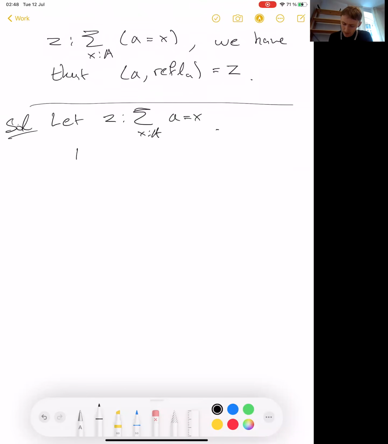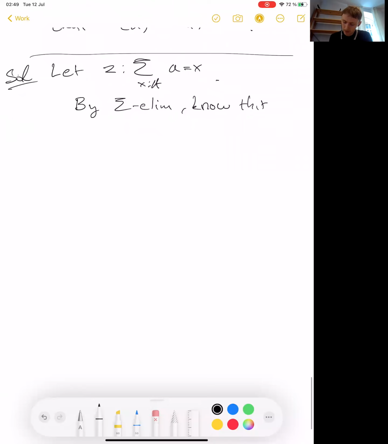So by the sigma elimination rule, we may set Z to be just a pair.